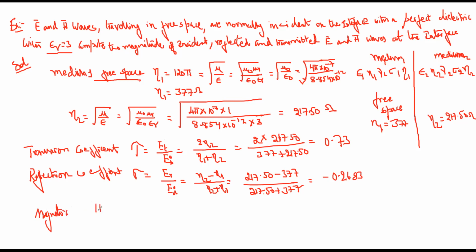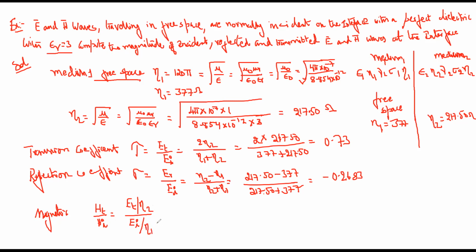So magnetic means HT by HI. What is HT in terms of ET? It is ET by eta 2, because transmission is in medium 2. HI means EI by eta 1, as incidence is in medium 1.